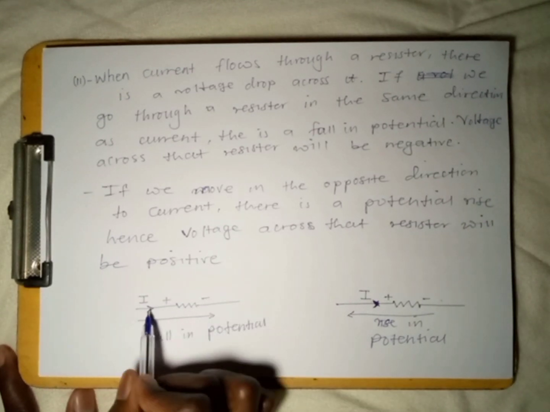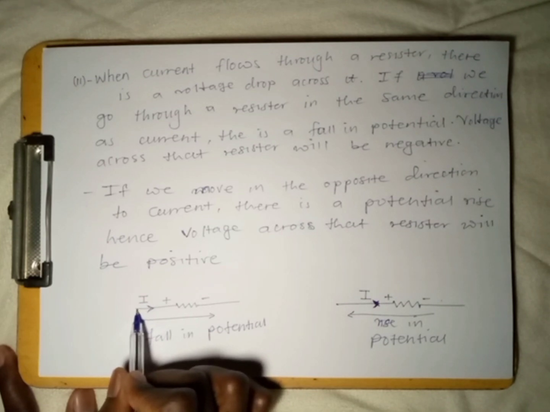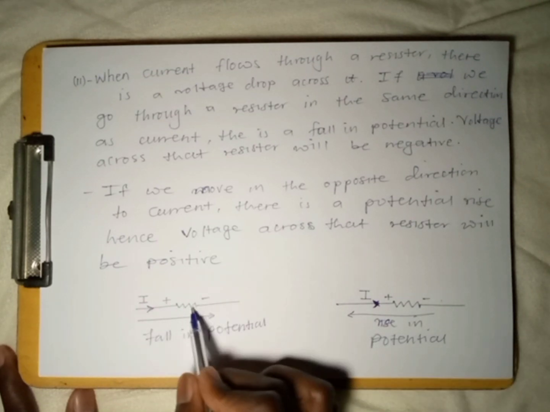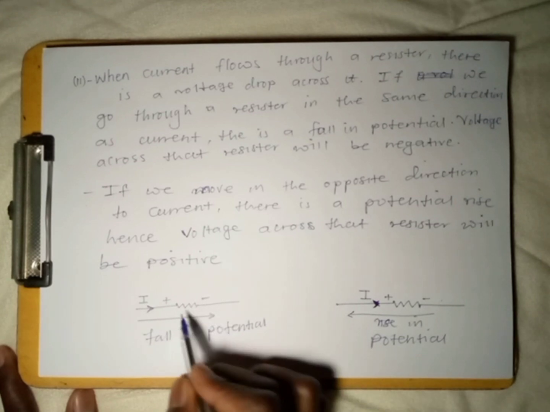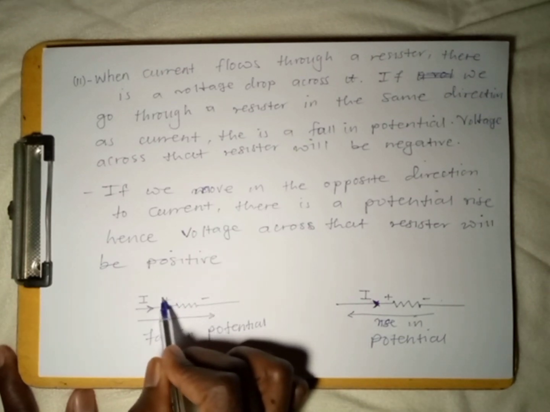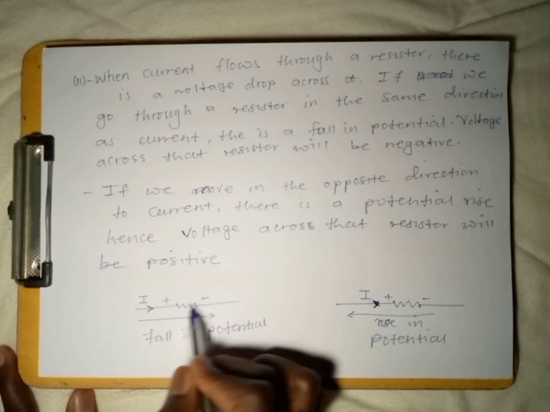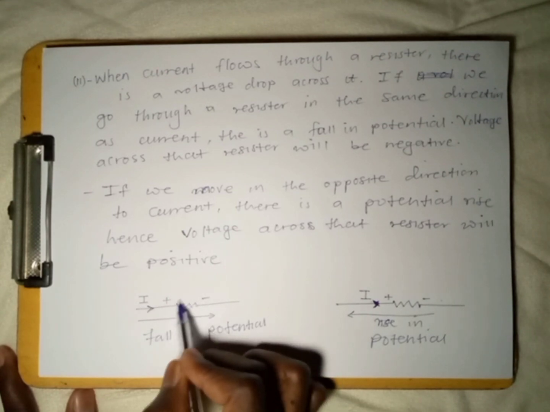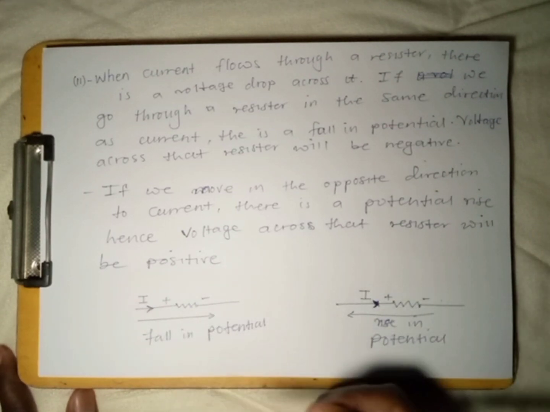So as I'm moving in that given direction, there is a fall in potential across this one. Reason being, we are moving from a positive terminal to a negative terminal, meaning that voltage is dropping across this same resistor. Same applies to the first condition I gave you.